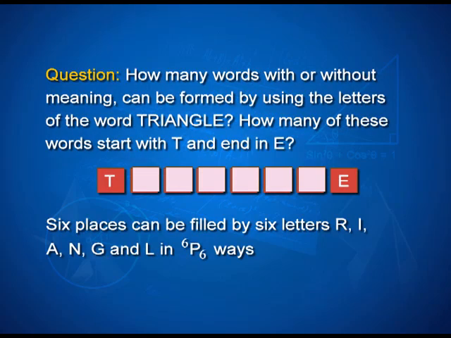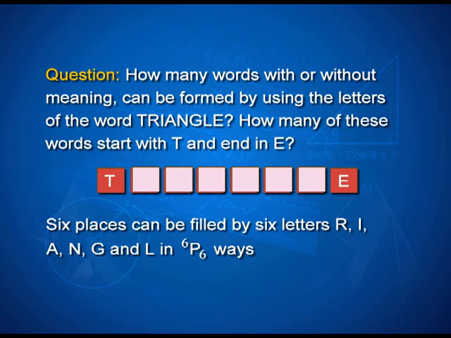The second part says how many of these words start with T and end in E. So, now there is a condition. We are looking at the first place must be T and the last must be E. That means this arrangement is not going to change.